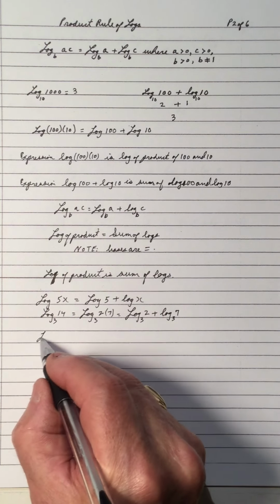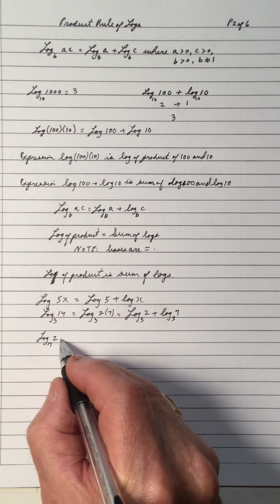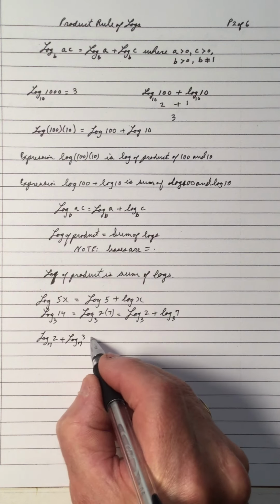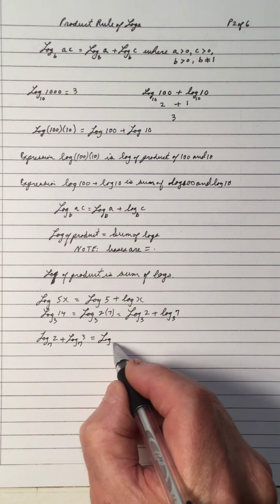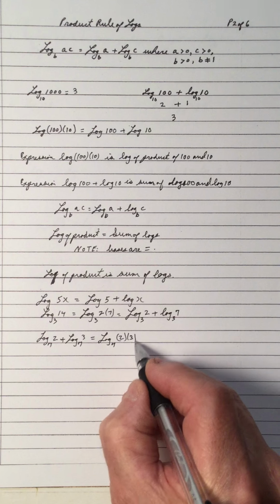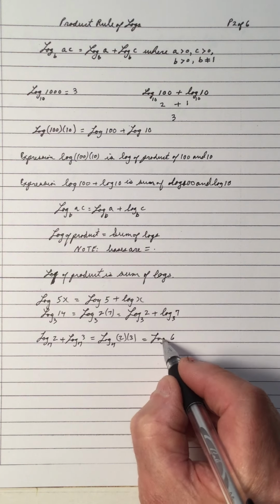And let's reverse it. What about if we have the log of 2 base 7 plus the log of 3 base 7? Well, this is the sum of the logs, so that's the log, base 7, of the product of 2 times 3. So that's the log of 6 base 7.